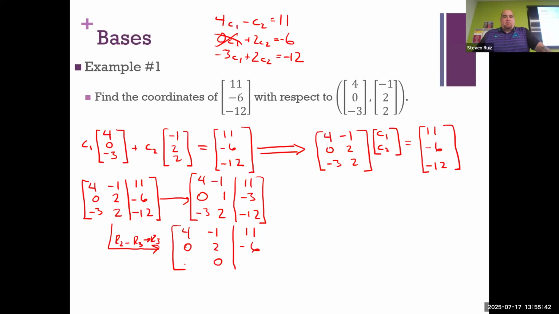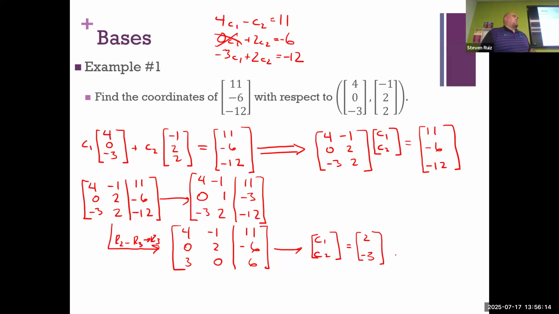Which means this should be +3. We should wind up in the same place. All right, so I think from here we can call our job done. So what do we find out? What do C1 and C2 equal? 2, -3.